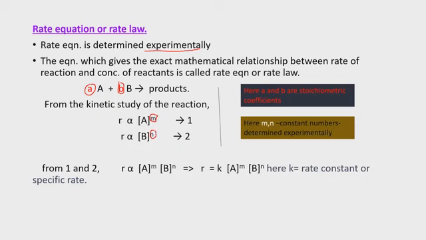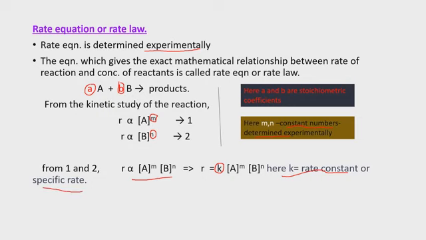Here a and b are stoichiometric coefficients. Here m and n are constant numbers determined experimentally. This is the difference. So finally, R is directly proportional to A power m, B power n. R equals K A power m, B power n, where K is the rate constant or specific rate.